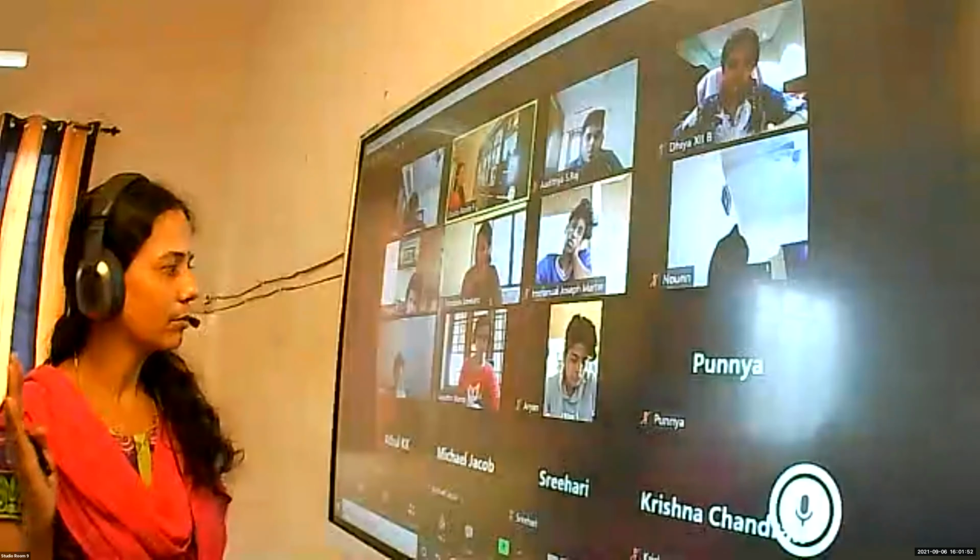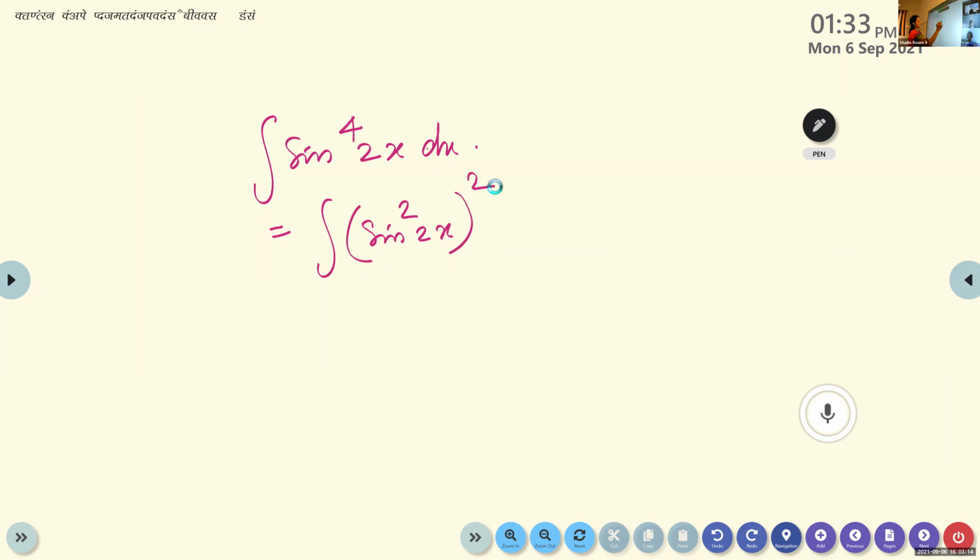For sine square and sine cube we can use the sine 3A formula, but here it is sine raised to 4, so we should split it. We can write this as sine square x the whole square. Power 4 means square to square.